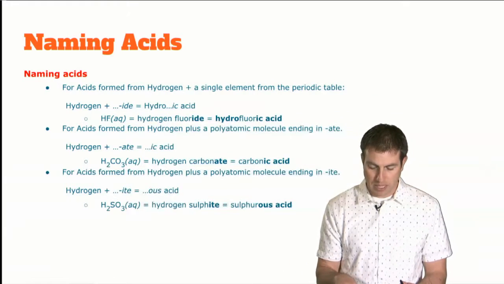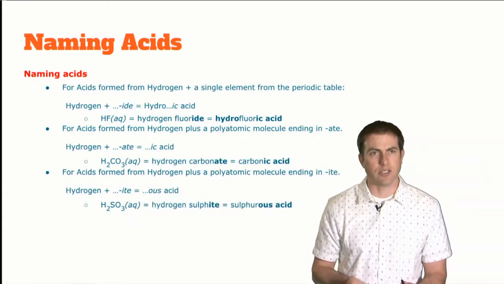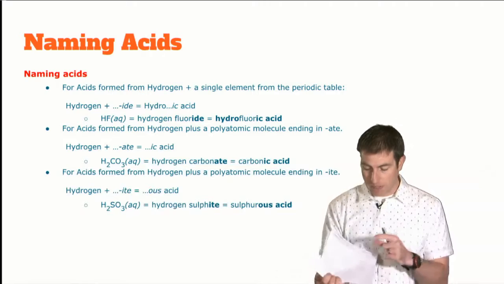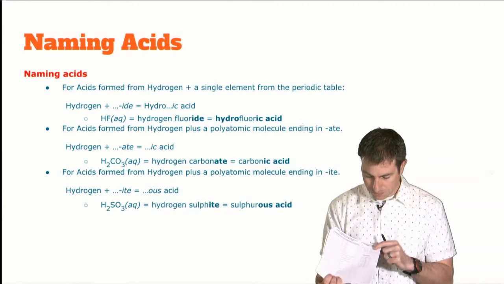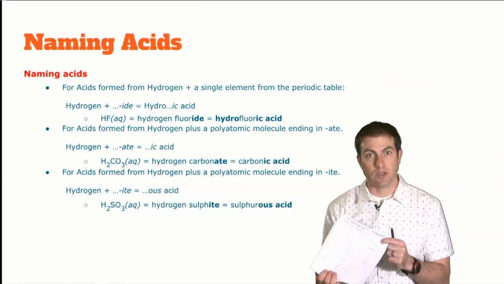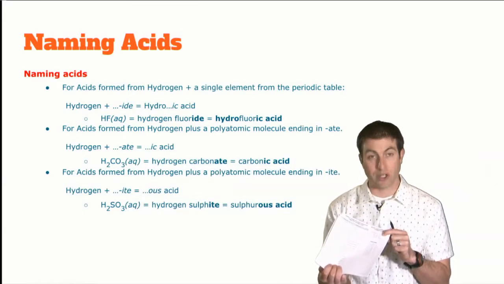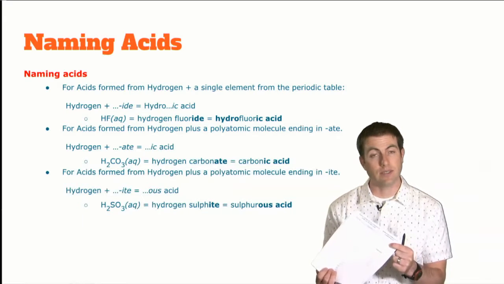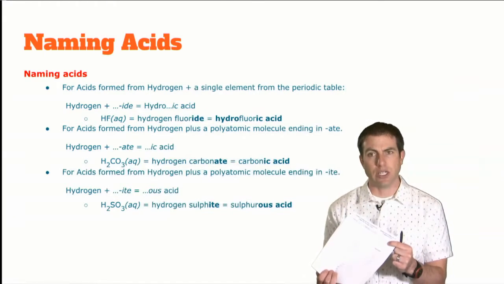Permanganate would be permanganic acid. I don't know if that actually is an acid, but there you go. And again, you have an example of that in your common acid sheet. The second one down is sulfuric acid. So if you can recognize that SO4 is sulfate, you'd be like, oh yeah, ate changes to ic.